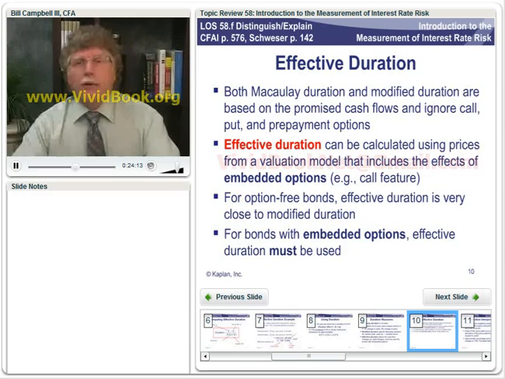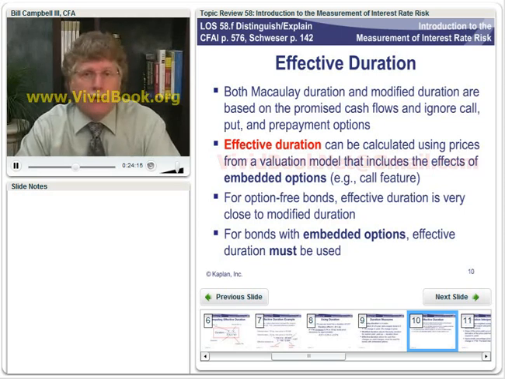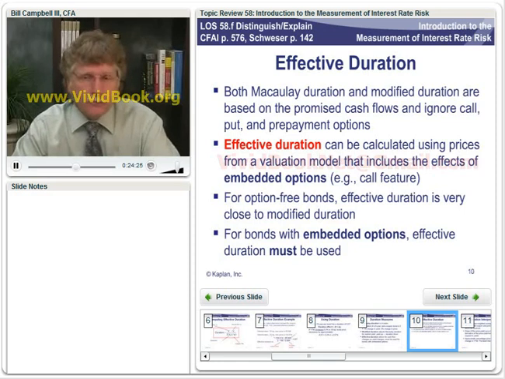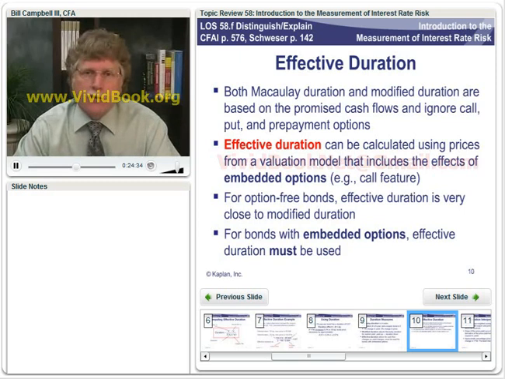Now, more about effective duration. As I said earlier, Macaulay duration and modified duration assume the cash flows won't change. Effective duration allows that the cash flows will change. What could cause the cash flows to change? Well, if you have a bond with a call option, remember that when interest rates start dropping, it makes it more attractive for the issuer to call that bond.